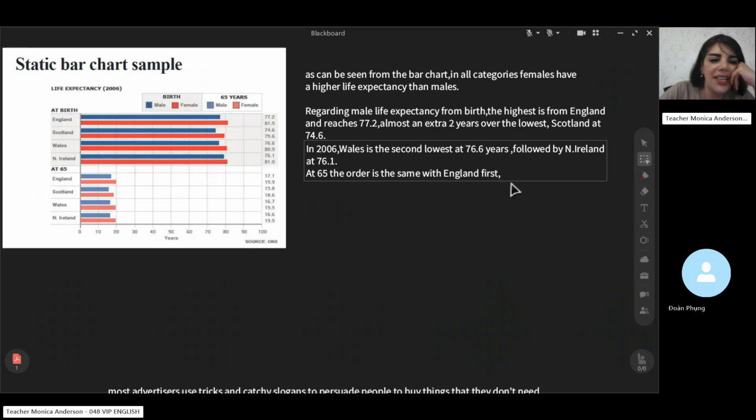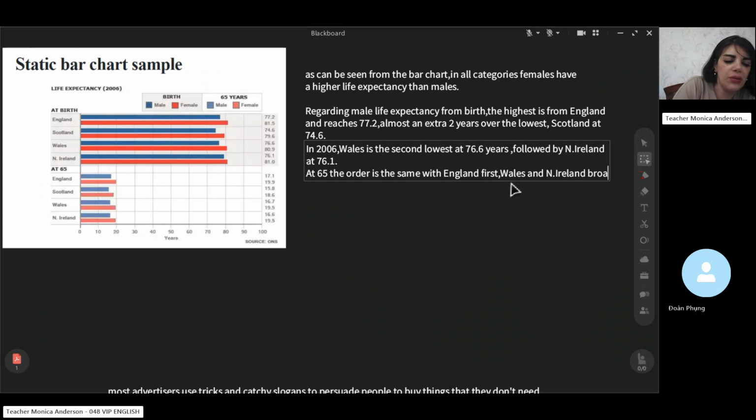England first, and after England we have Wales, and they're the same.